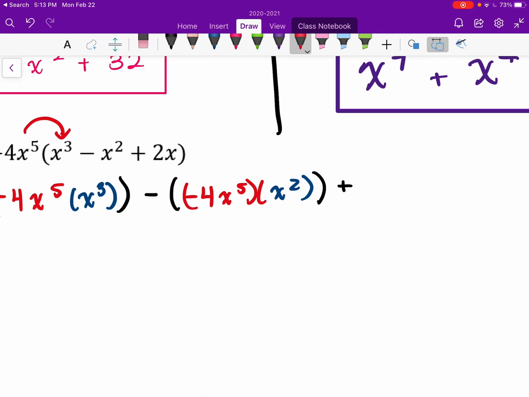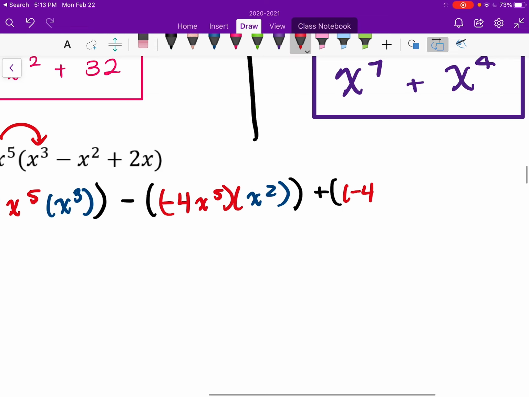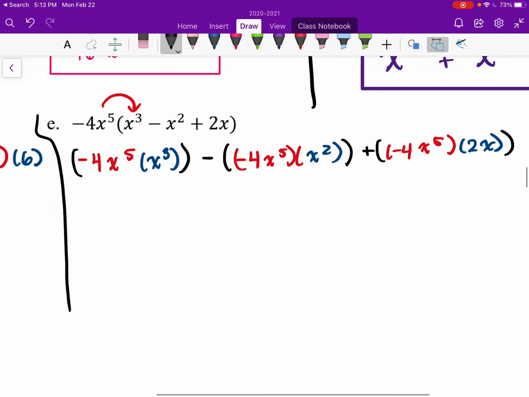Then I have negative 4. Make sure you're using the little black bracket to close this off. Negative 4x^5 times 2x. Right? So now I'm just going to go and simplify.